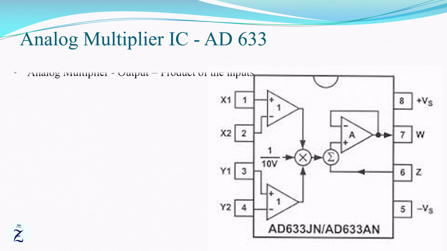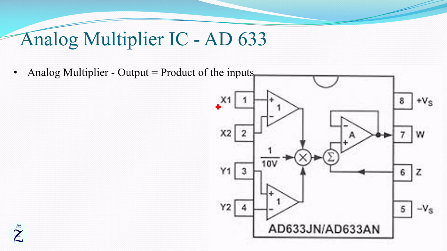An analog multiplier is a circuit whose output is the product of instantaneous values of the input voltages. This is the pin diagram of analog multiplier IC, which is AD633.